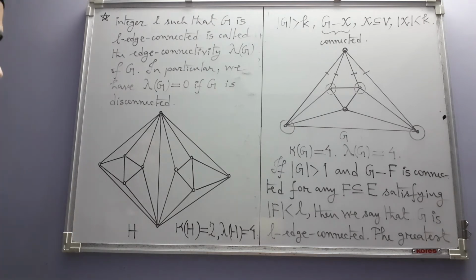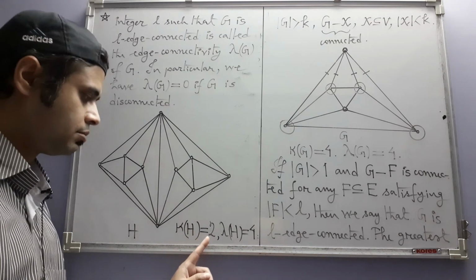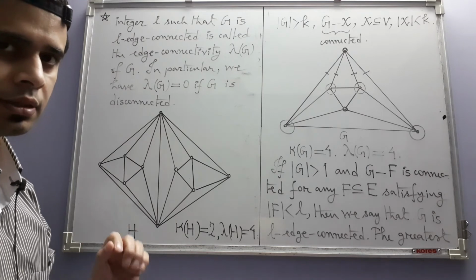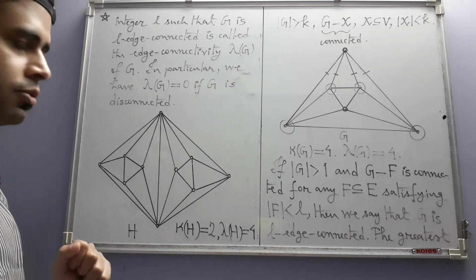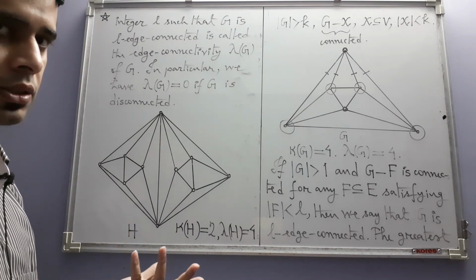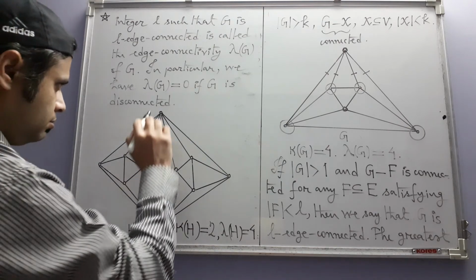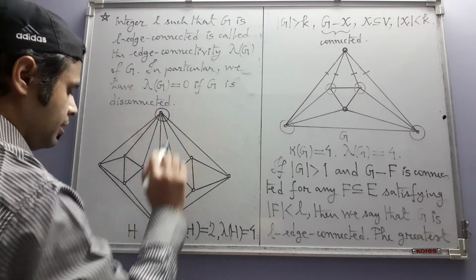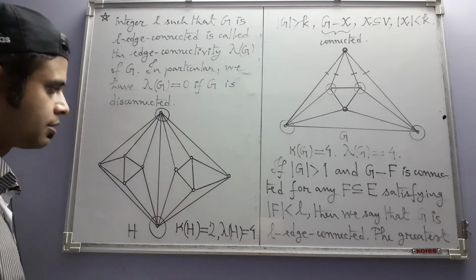Connectivity decreases means there are some two vertices in the graph whose removal disconnects the graph. You can see that these are two such vertices.